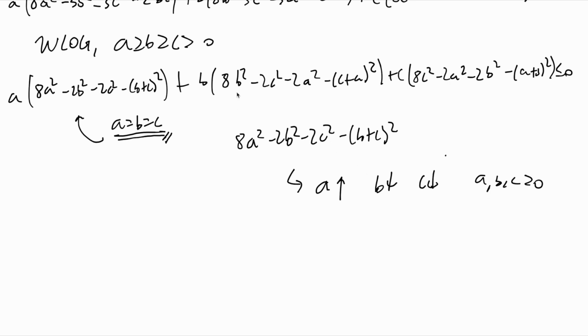Now let's think about the second case. For the second case, b should be the greatest, a and c should go down, and the last case, a should go down, b should go down, and c should go up. When all of these are true, then our maximum value for the left hand side will be resulted.